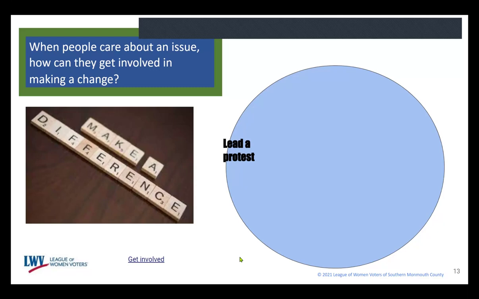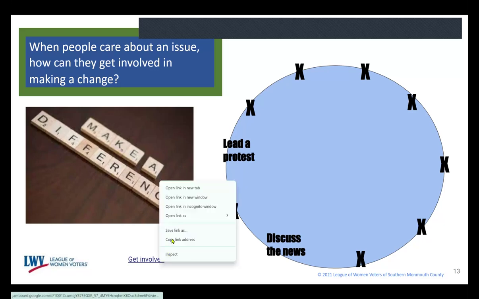They can do something dramatic, like leading a protest, or something very mild, like Greta did with her family initially, which was just discussing the news around their dining room table. But there are many, many other things that we can do as citizens if we want to get involved in making a change.